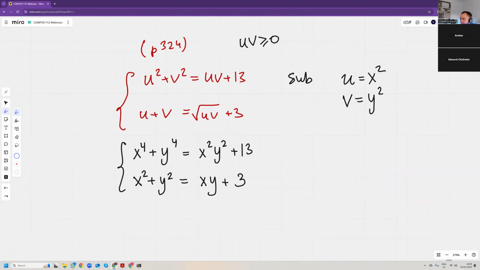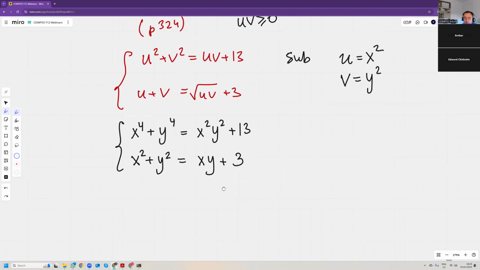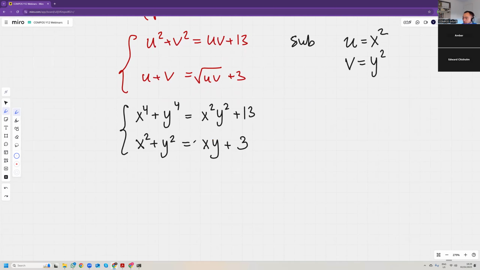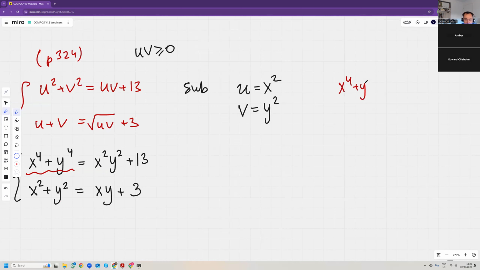Okay, so now we need to realize that x to the power 4 plus y to the power 4 can be written as x squared plus y squared, all squared, minus 2x squared y squared.